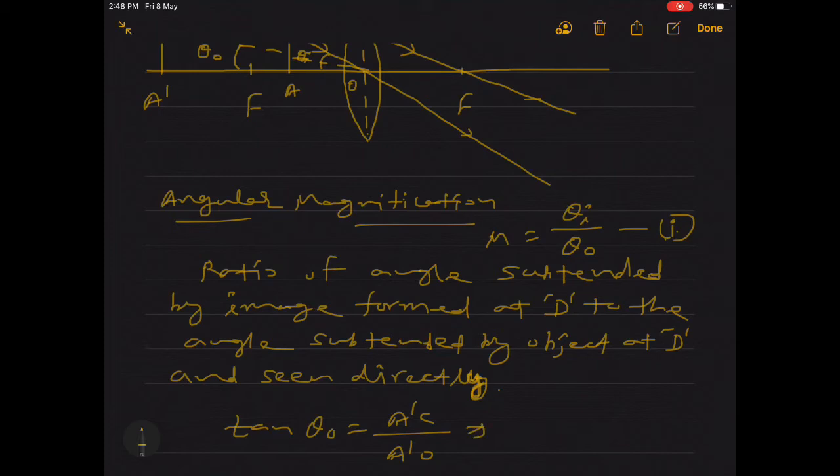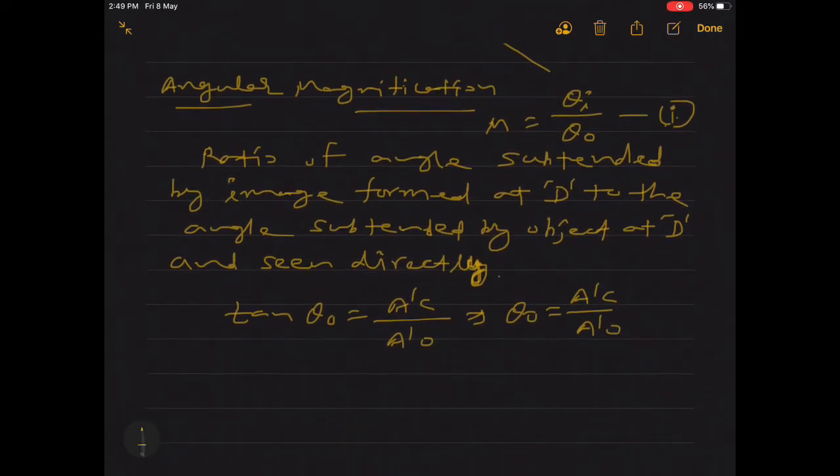For a small angle, theta O is equal to A dash C upon A dash O, and A dash C is equal to AB.